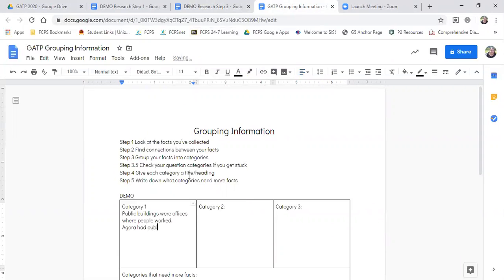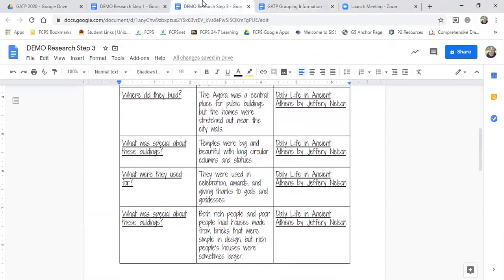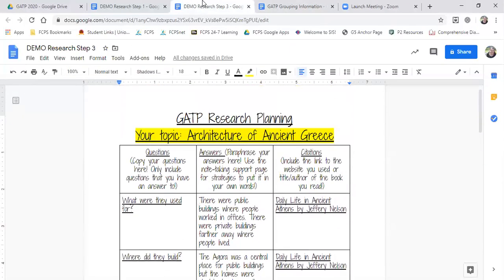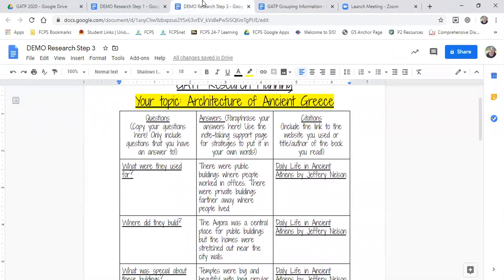Agora had public buildings. And I think that's all I know right now about the public buildings.